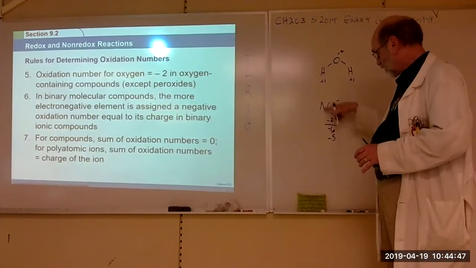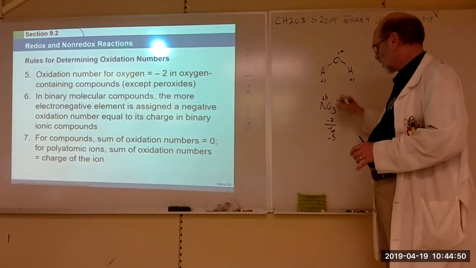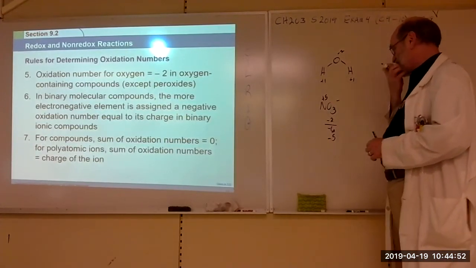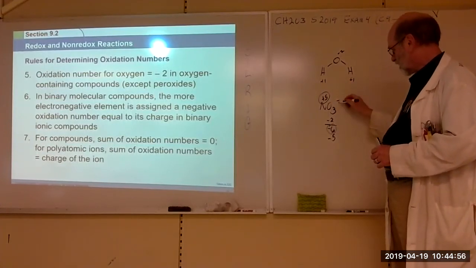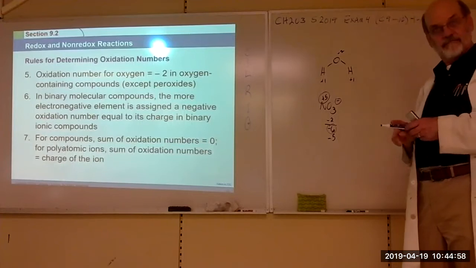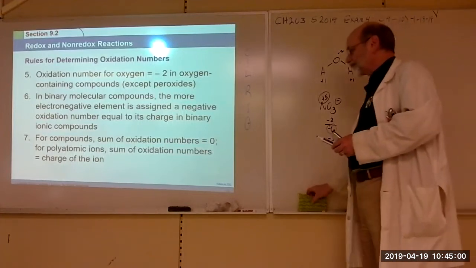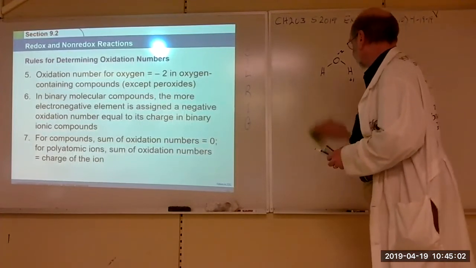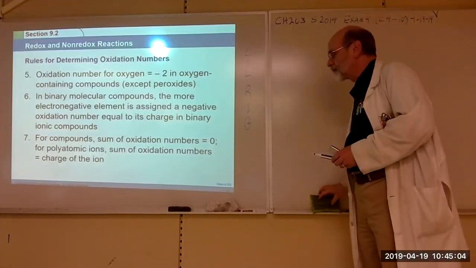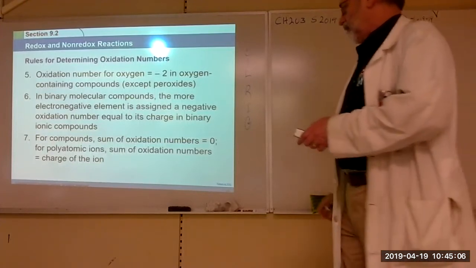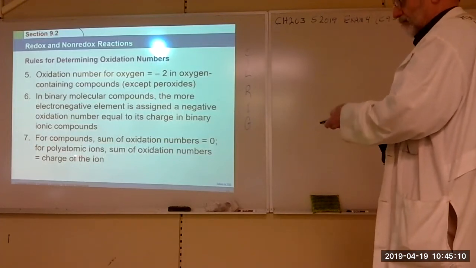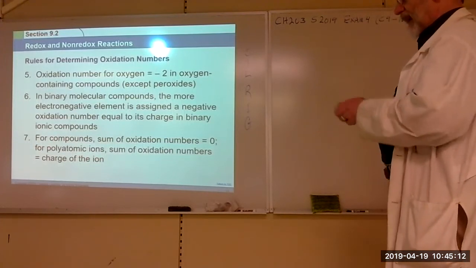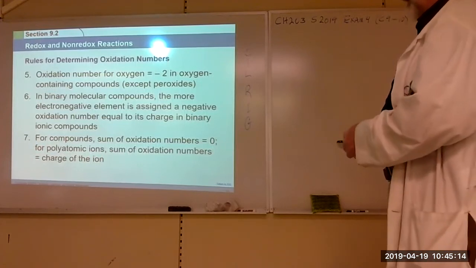So -5 would make this one +5. So +5 plus -6 for the oxygens is -1. So that's an example of a polyatomic ion. You have to add up to the charge on the ion.